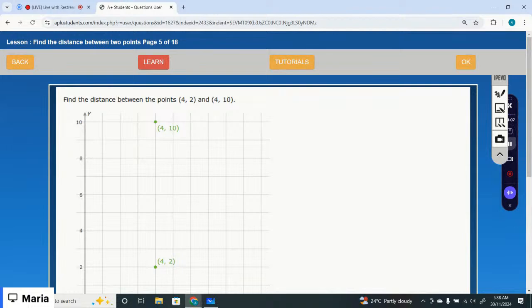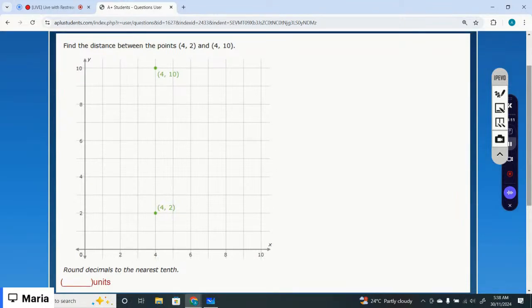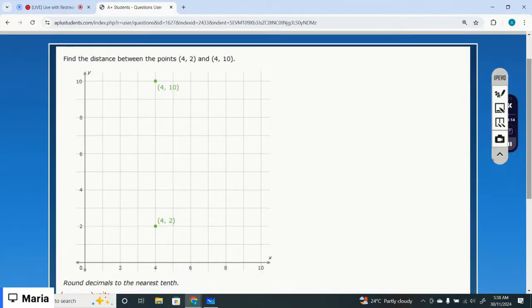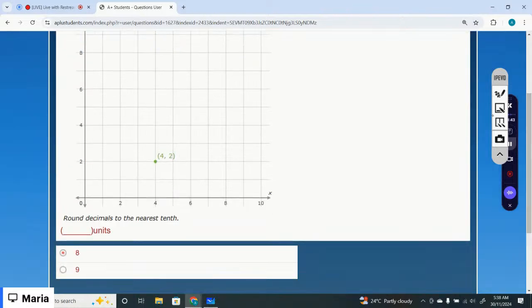Find the distance between the points (2, 4) and (4, 10). So which is the correct option? (4, 2) and (4, 10). That is 8. Option number 1 is the correct option.